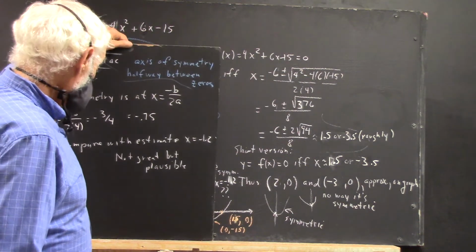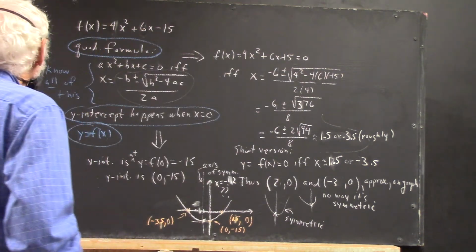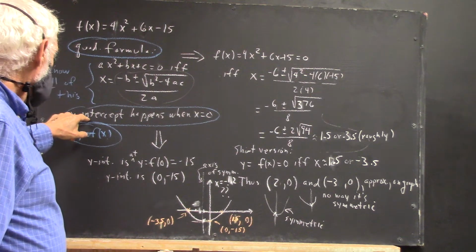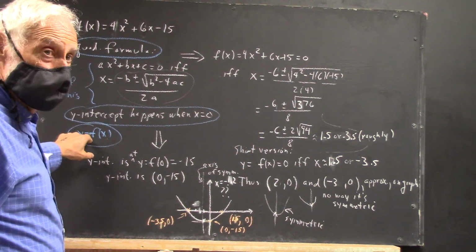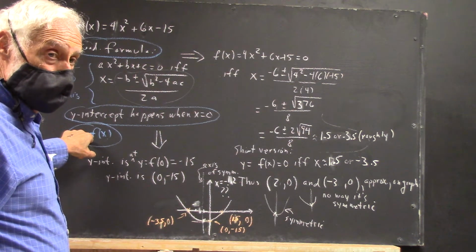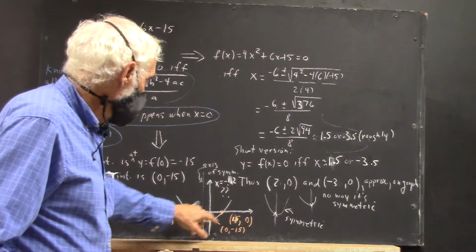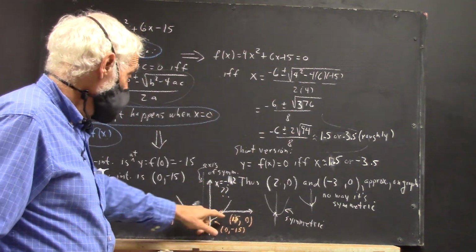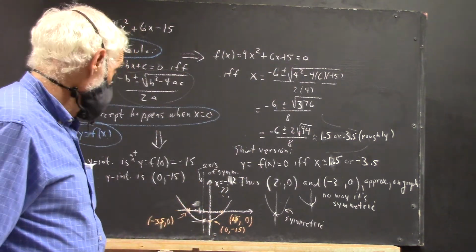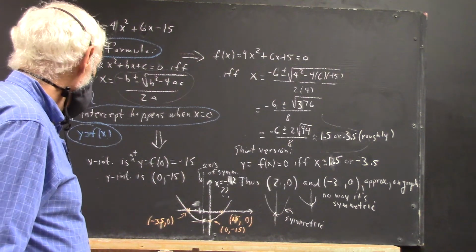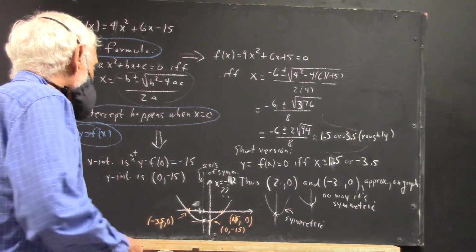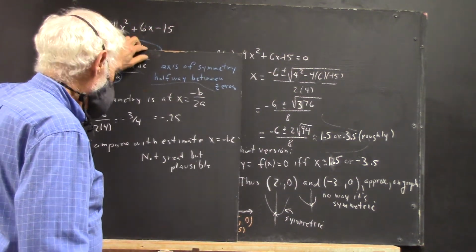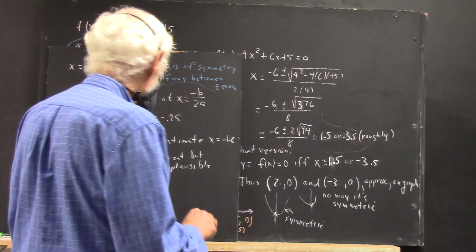Just to review where we are. Quadratic formula, y-intercept happens when x equals 0, y equals f of x are the 3 things we need to locate these 3 points. Do the arithmetic correctly in your quadratic formula and you get the coordinates of those 3 points. Then one more principle.